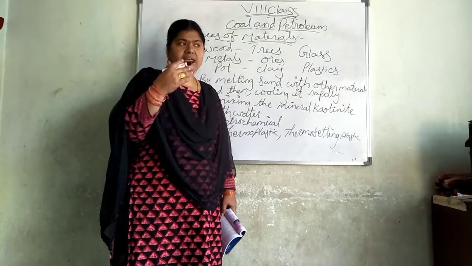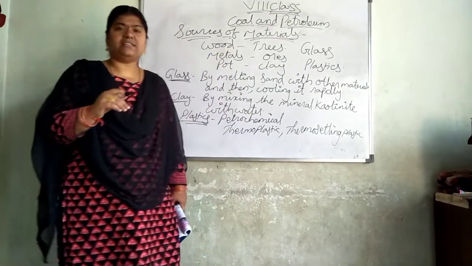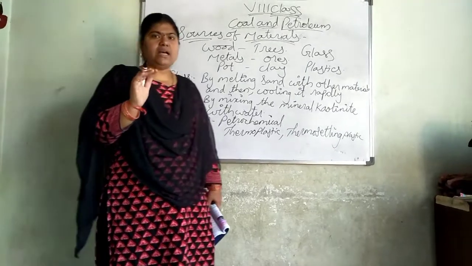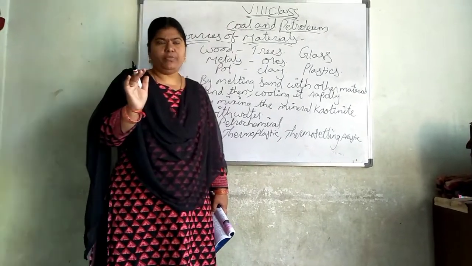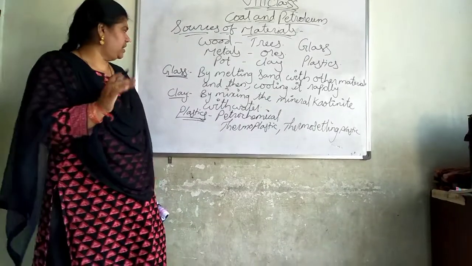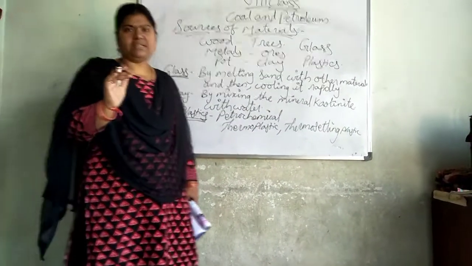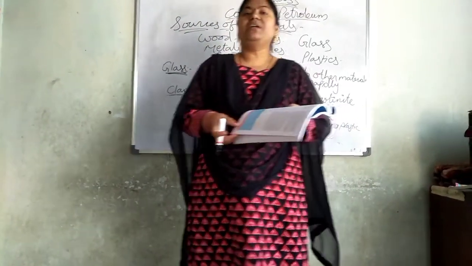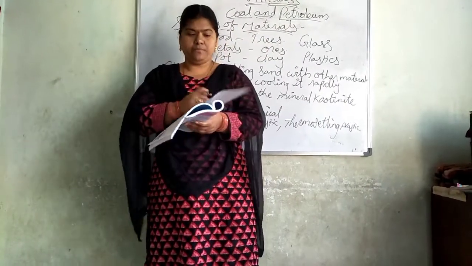Thermoplastic can be recycled. Thermosetting plastic cannot be recycled. Got the point? Glass, clay, plastic, etc. Next is metals. Metals we get from their respective ores.